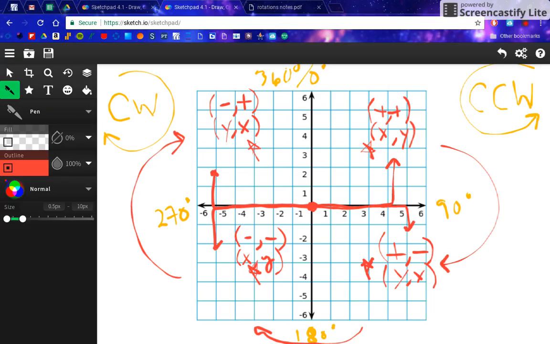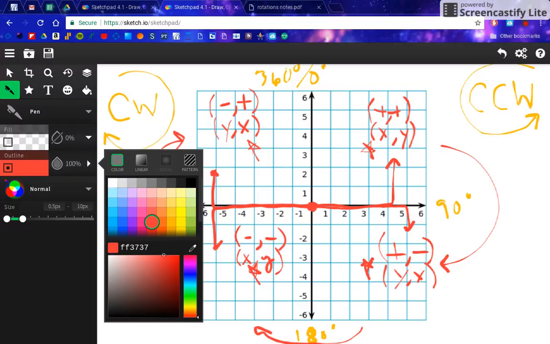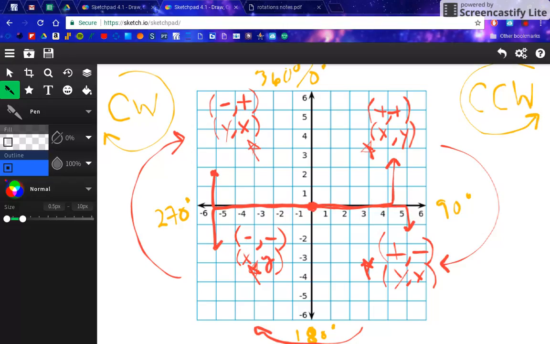Now, what you just did was by making this key, you created all the rules for rotation. Okay, so, let me elaborate a little bit more because I know you don't know what I'm talking about. Nobody does. It's rotations. All right, so take this for example. Positive, positive, x, y.